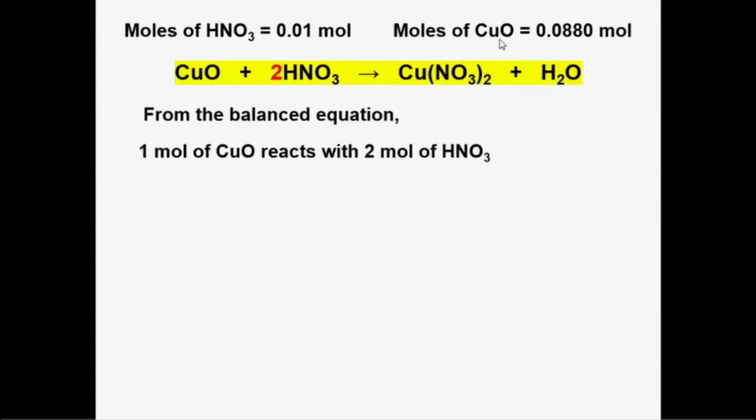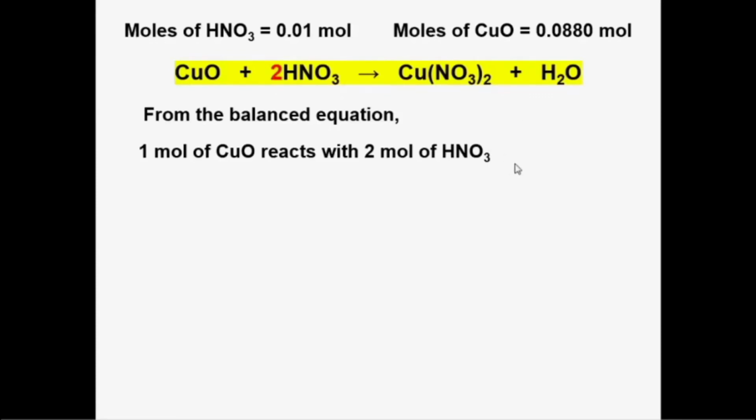If you don't want to start with copper oxide, you can also use nitric acid; at the end of the day, we are going to get the same answer. From the balanced equation, 1 mole of copper oxide reacts with 2 moles of nitric acid.